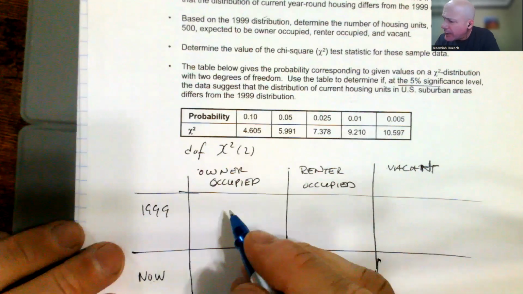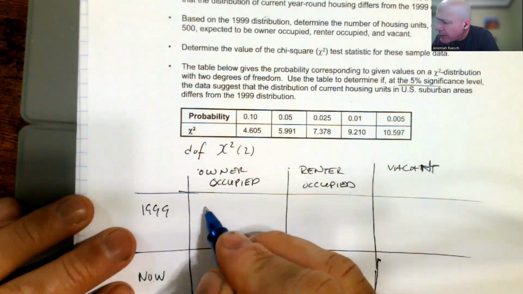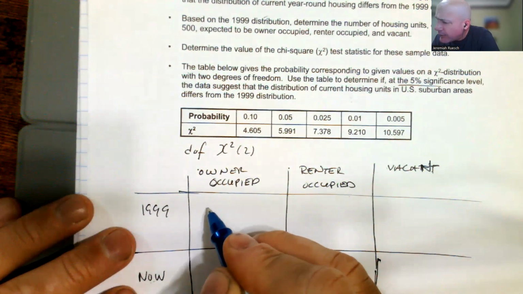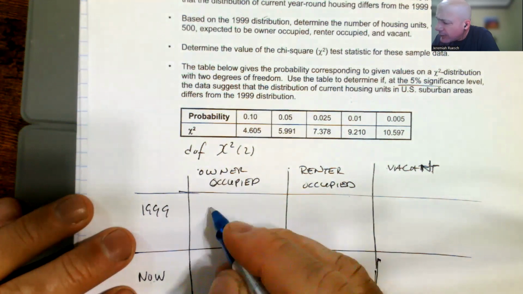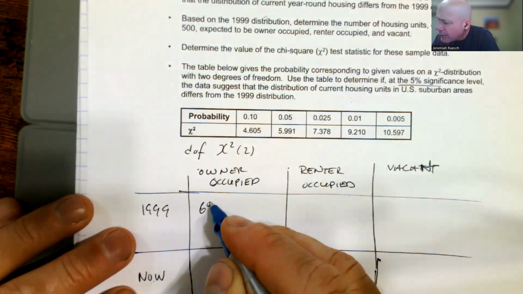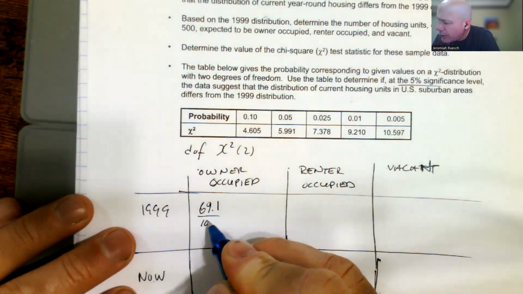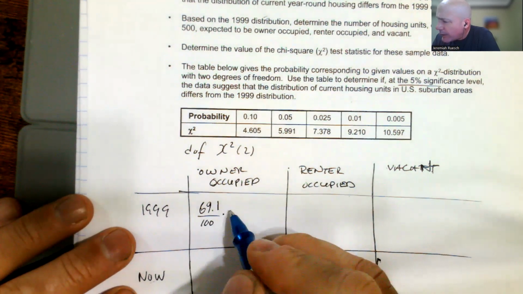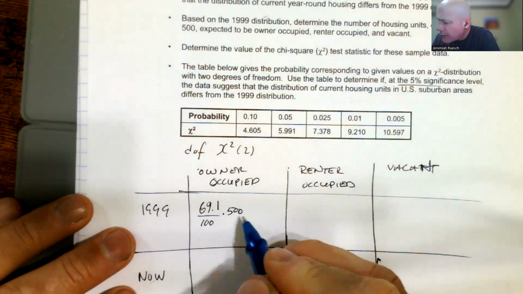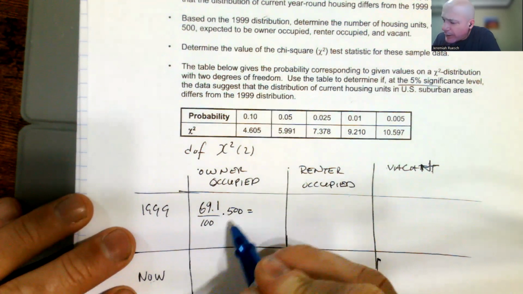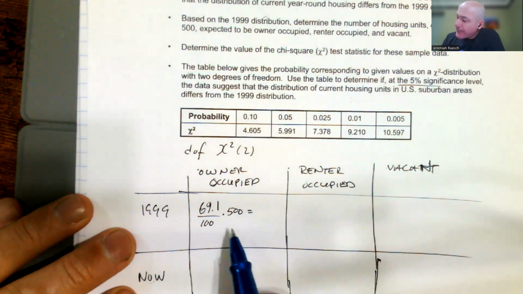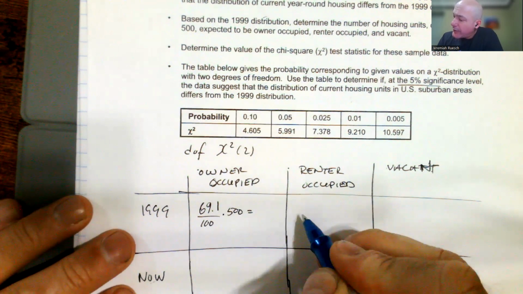So in 1999, what did they have? They had 69.1 over 100 times 500, which will equal the expected amount.